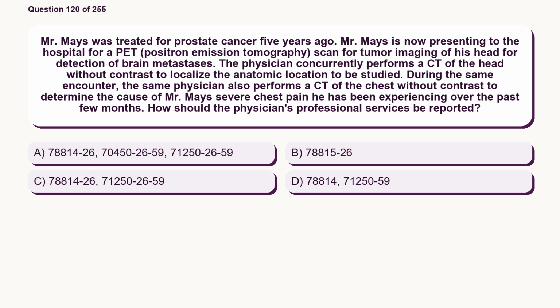Option A, 78814-26, 70450-26-59, 71250-26-59. Option B, 78815-26. Option C, 78814-26, 71250-26-59. Option D, 78814, 71250-59.